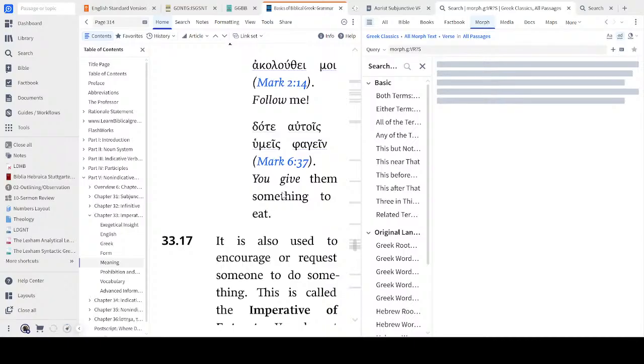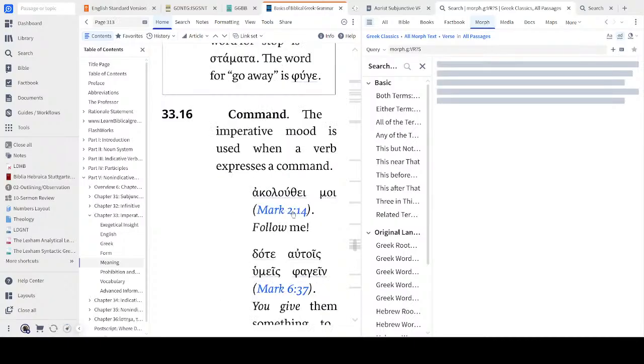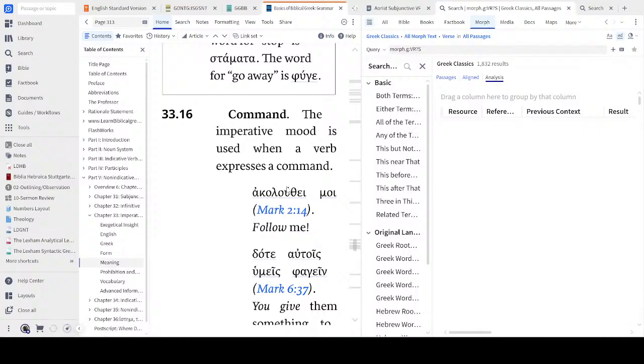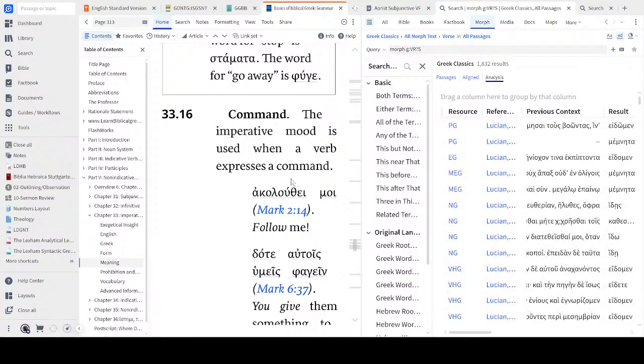For example, in Mark 2:14, akolouthei moi means to follow me. When Jesus gives that command, it's an imperative with the implication that they will follow him.